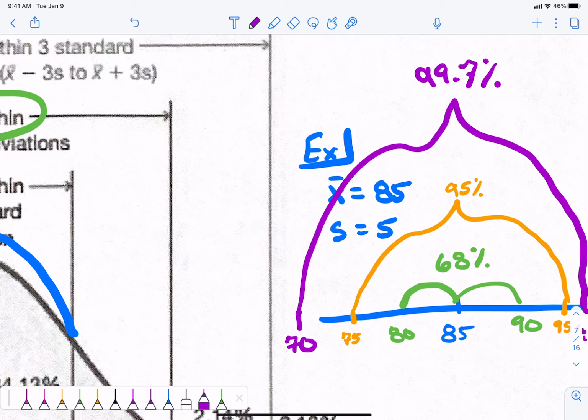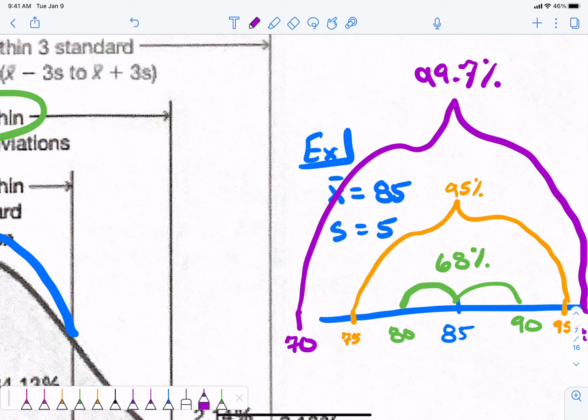To come up with this table, this guy looked at table after table after table of data values, and came up with about 68% consistently was within 1 standard deviation. About 95% consistently was within 2 standard deviations. 99.7% was within 3 standard deviations.